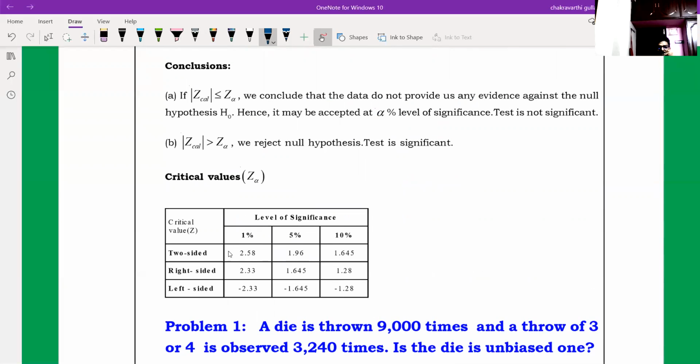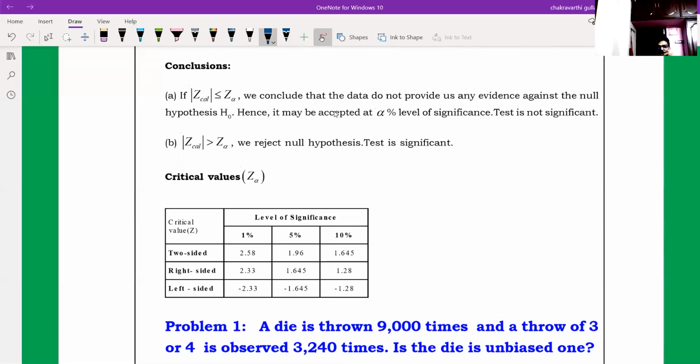For a two-sided or two tail test at the 1% level of significance, the Z table value is 2.58. You have to compare the Z calculated value with table values. If modulus Z calculated is less than or equal to the Z table value, we accept H naught, otherwise we reject H naught.